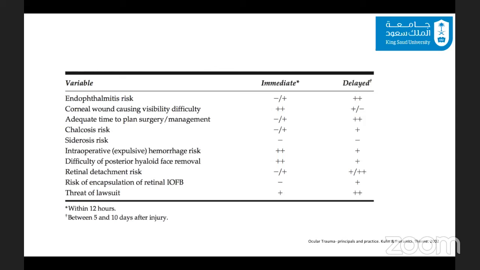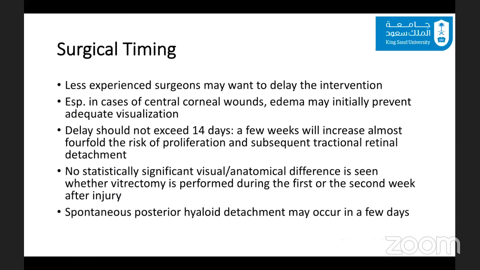So we can see that endophthalmitis risk increases with delayed removal, while the risk of expulsive hemorrhage would be high in the case of immediate removal. So in the hands of less experienced surgeons, maybe you want to delay the intervention, to plan ahead of time and put a plan for how to approach this foreign body.